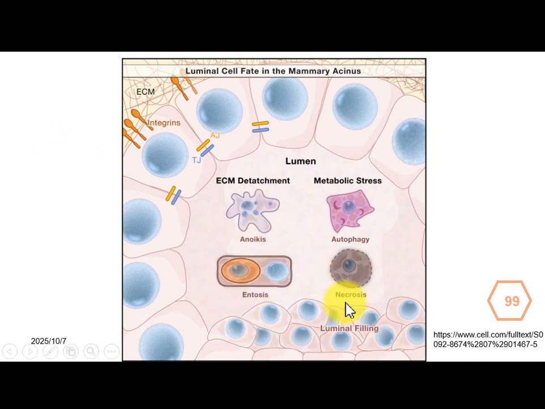That's autophagy, meaning you see a cell eating another cell. Inside the luminal cells, if you have rapid proliferation like this, it's behaving like a cancer cell. But the purpose of proliferation inside the luminal epithelial cells is to replace the old or damaged cells.